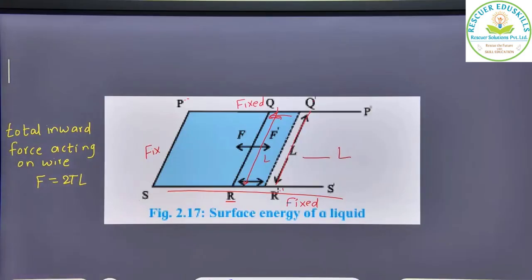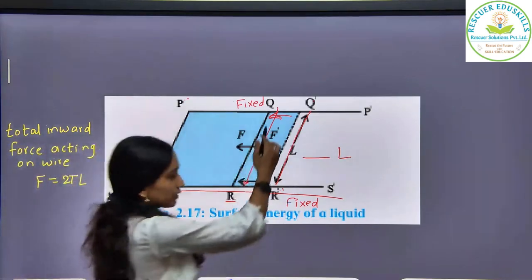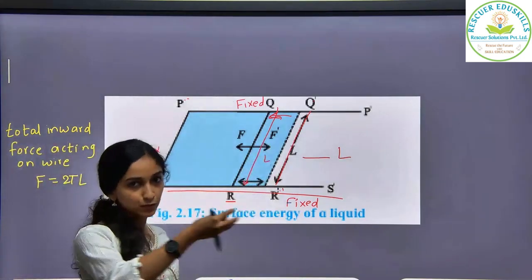Okay, so the total inward force acting on the wire is F is equal to 2TL. Okay, so now let's assume that this wire, this QR wire, has been pulled inward due to surface tension, right?